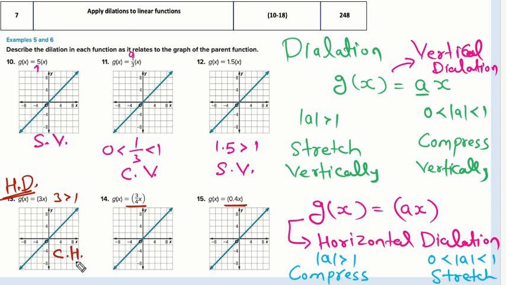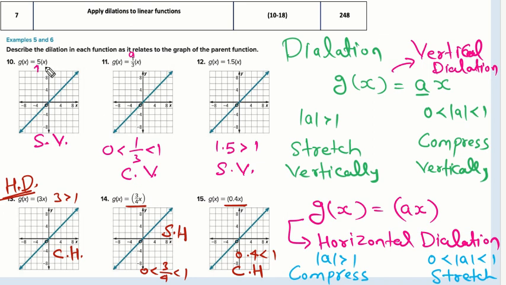Here 3 over 4 is between 0 and 1, so this will be stretch horizontally. Now 0.4 is less than 1, so again compress horizontally. That's the basic difference.